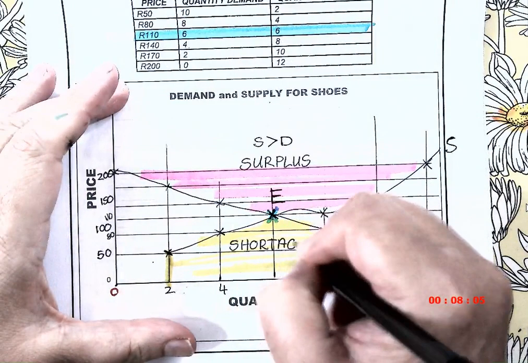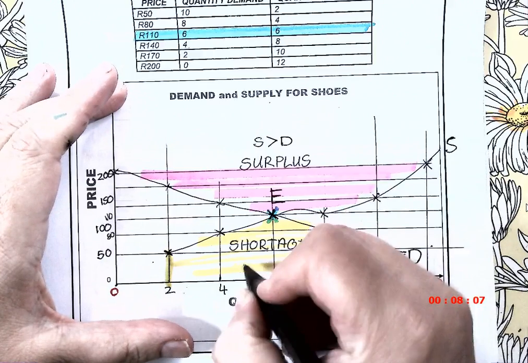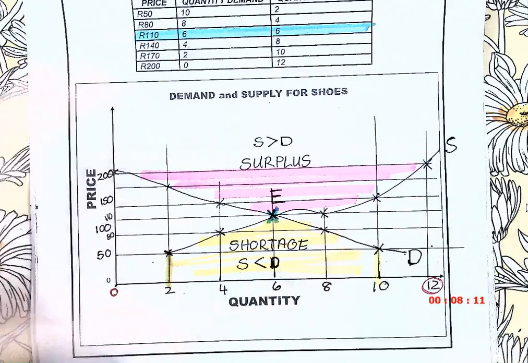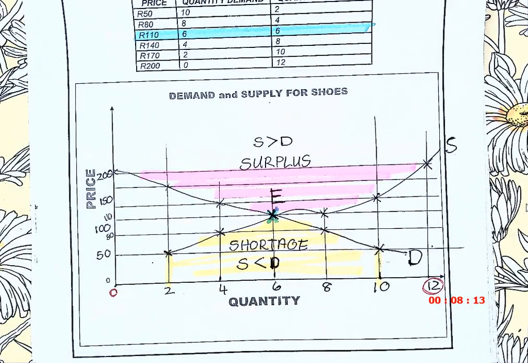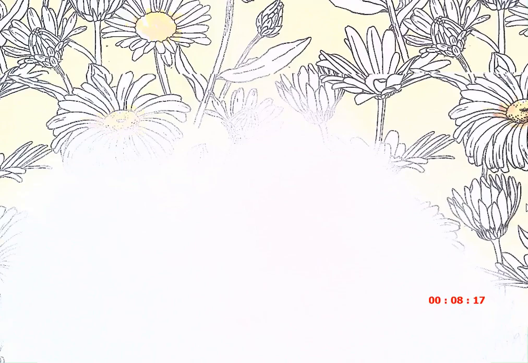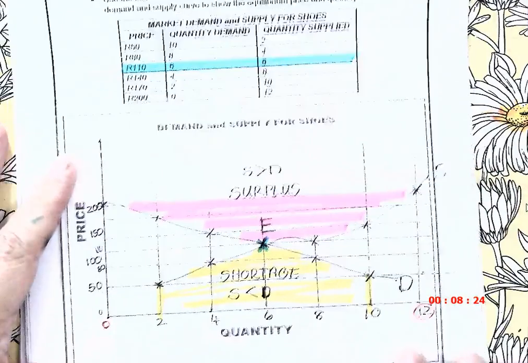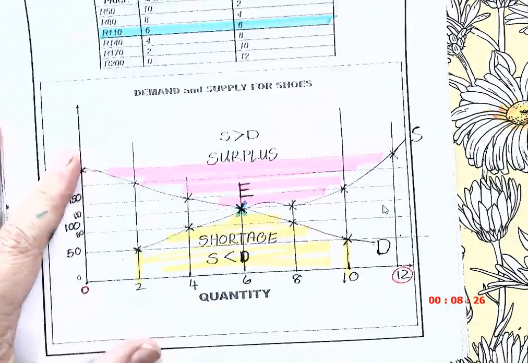It means my supply is smaller than my demand. Everybody sharp with that? And if you turn here, they talk about it, a market surplus.